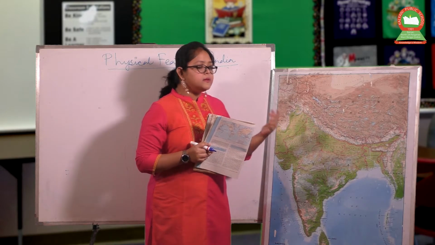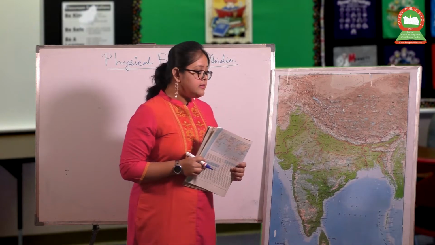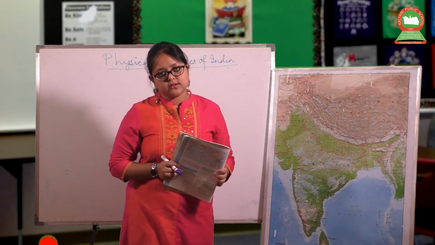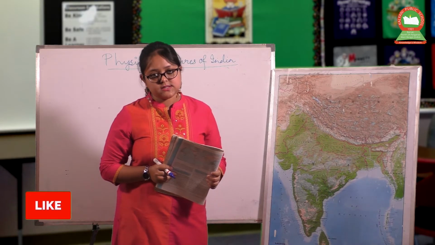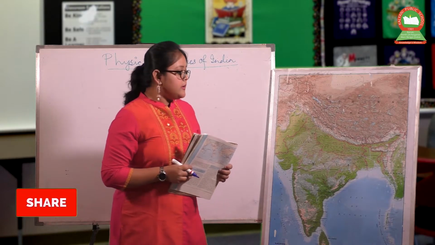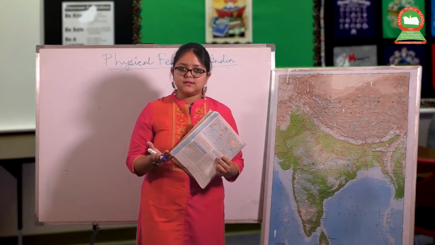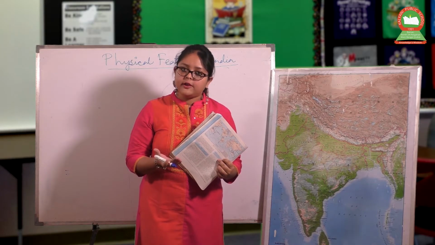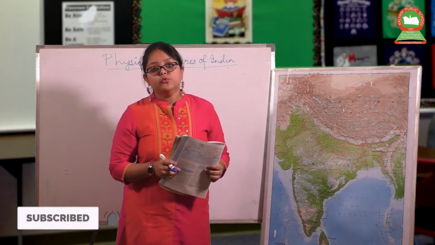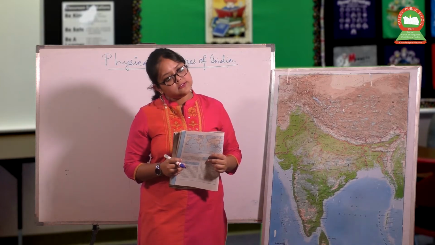When we are talking about the various processes which formed India, this is explained by the plate tectonic theory. All the processes mainly follow plate tectonics. Now, what is plate tectonics? The earth's crust is made up of various plates or slabs which are moving, and these movements can be of various types.